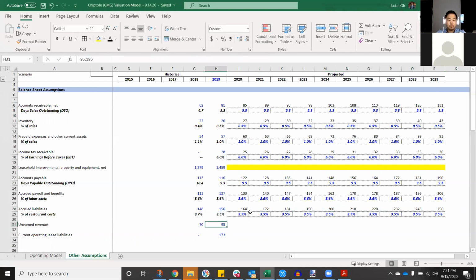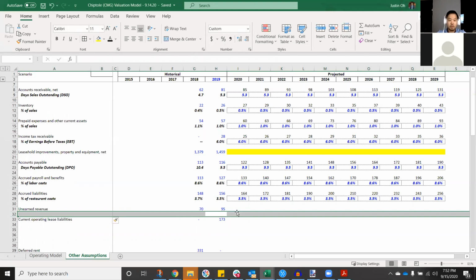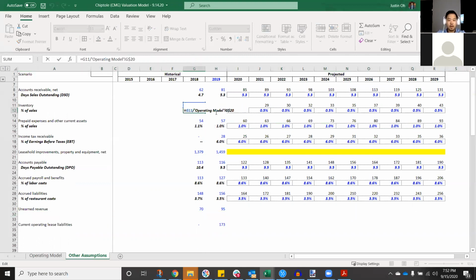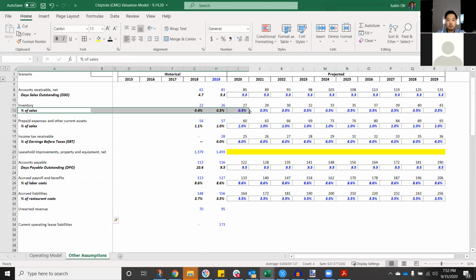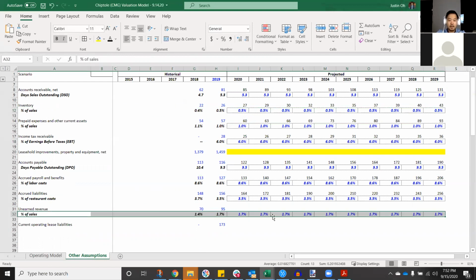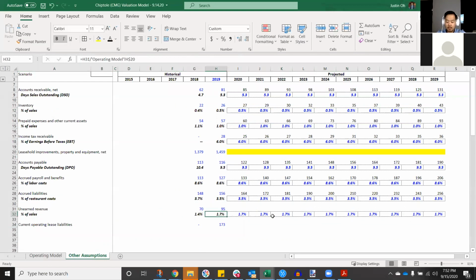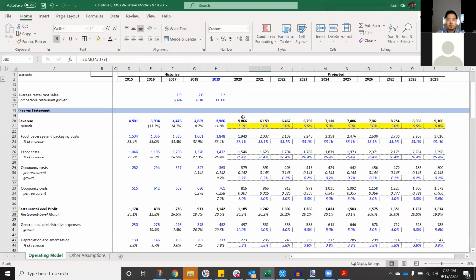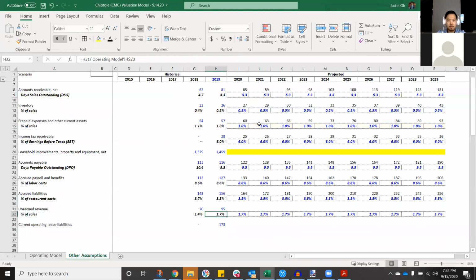Unearned revenue, I'm going to do as a percentage of revenue. So we already have something like that, right? We locked that cell. So percentage of sales, we're just going to copy that down. If I had Macabacus, I would check it, but divided by H20, okay, that's fine.